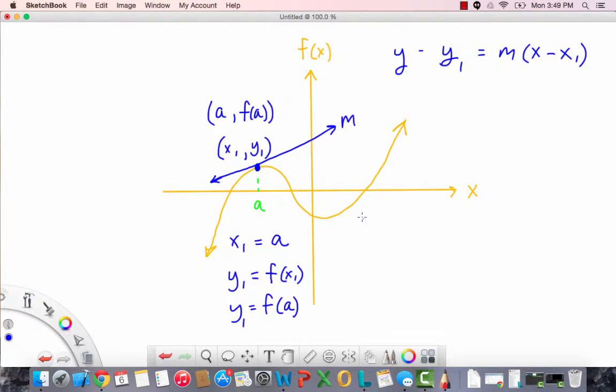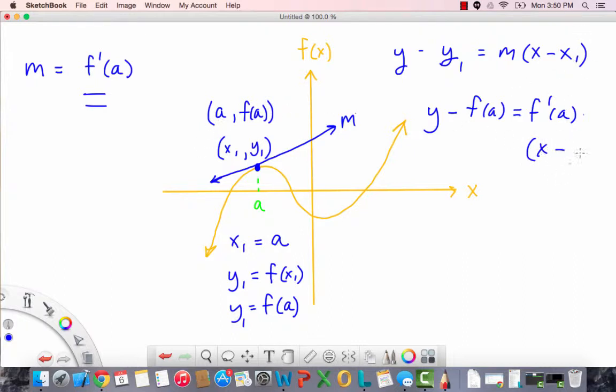The next piece is we need the slope of that line. And luckily, we have an easy way to find the slope using calculus. m equals the derivative of the function evaluated at the x-coordinate, and the x-coordinate is A. So using all this information and going back to this equation, we have y minus y1, which is f of A, equal to the slope m, which is f prime of A, times x minus x1, which is A. So this is the equation in point slope form, and we can manipulate it to get to slope intercept form in general, but let's leave it like this for now, and I'm going to clear the screen and then we'll do a couple examples.